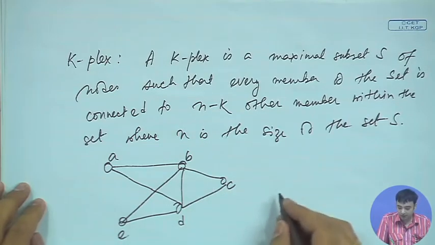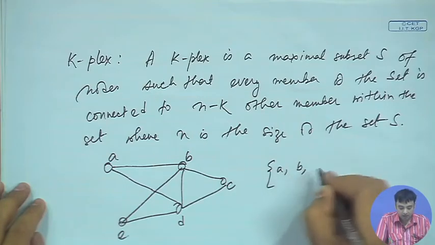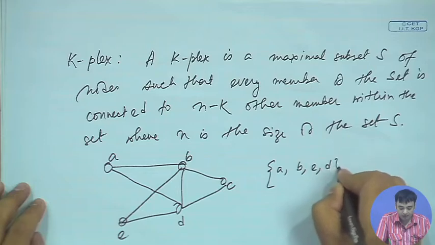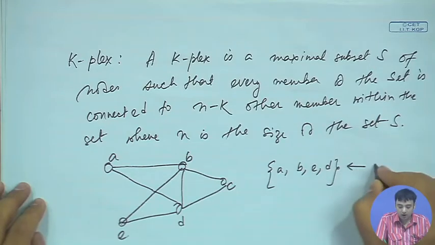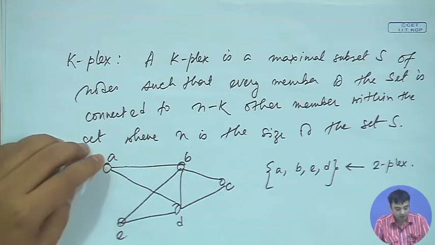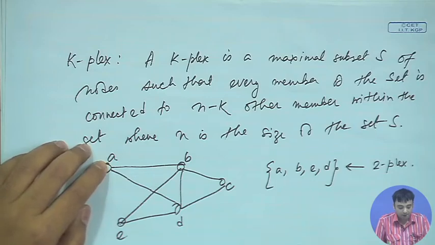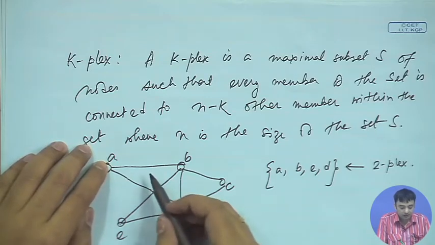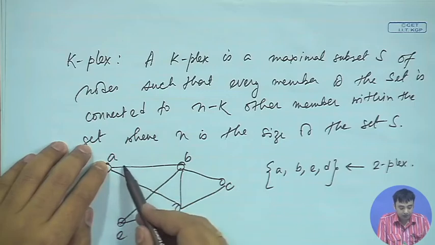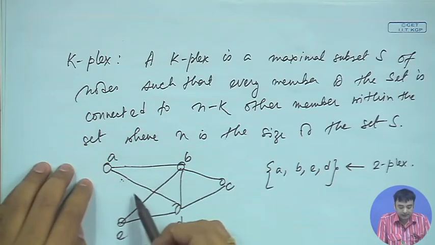In this particular example, if we take the subset A, B, E and D, then this actually qualifies as a 2-plex. Why? Let us see. For instance, take the node A. Now, what is the degree of that node? There are 2 edges going out of this particular node. Now, let us take the size.